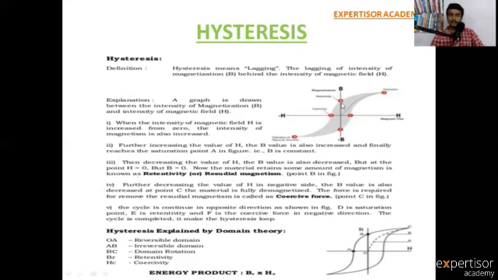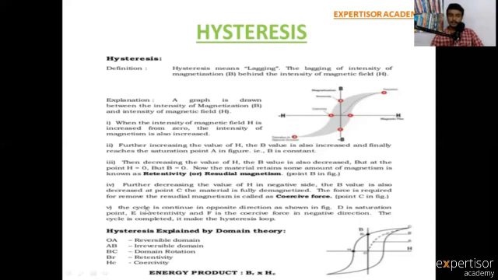Further decreasing the value of H on the negative side, the B value is also decreasing, and at point C the material is fully demagnetized. The force required to remove the residual magnetism is called the coercive force, at point C.